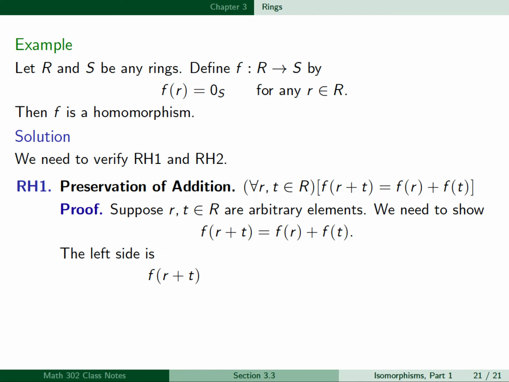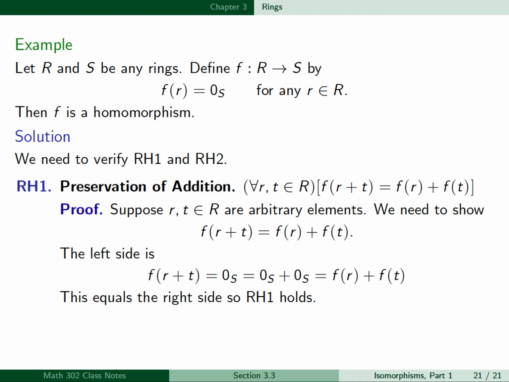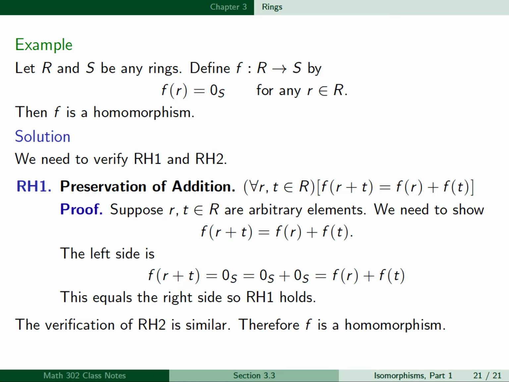So the left side is f(r + t), which by definition of our function f is just 0_S, the additive identity element in S. And 0_S can be written as 0_S circle plus 0_S. And this is equal to f(r) circle plus f(t), since each of those is equal to 0_S. So we've shown the left side is equal to the right side, so Rh1 holds. And the verification of Rh2 will be similar, and therefore f is a homomorphism.